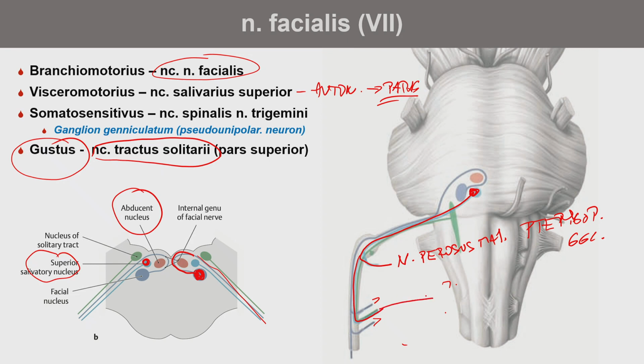And the second is the branch which contains part of the chorda tympani, and the chorda tympani provides parasympathicus to the submandibular ganglion. Important, so parasympathicus.